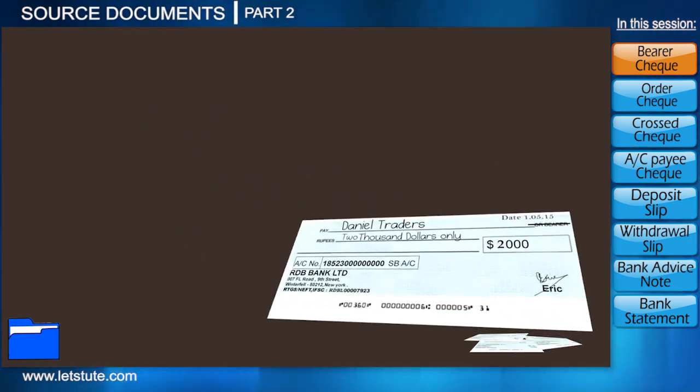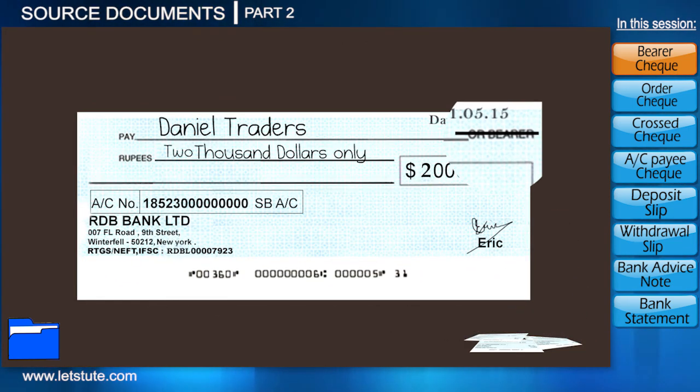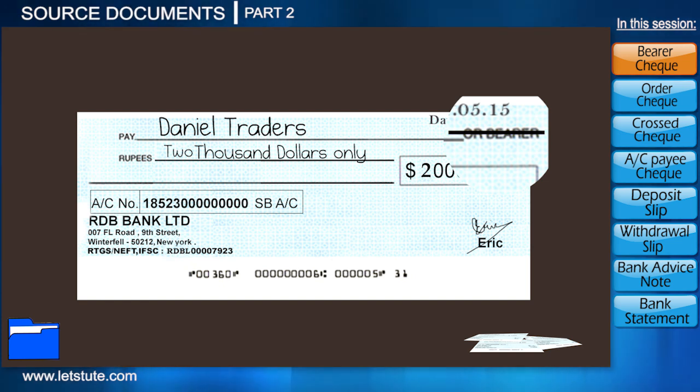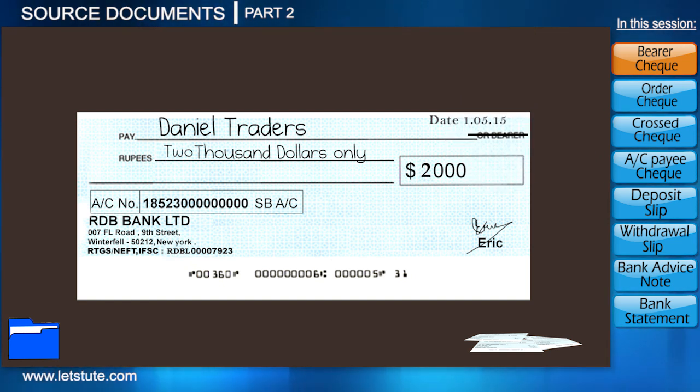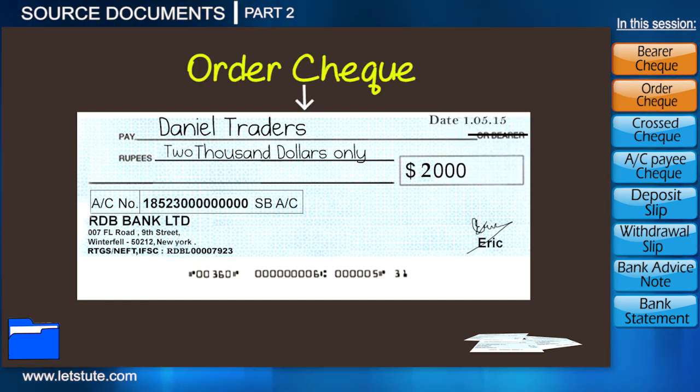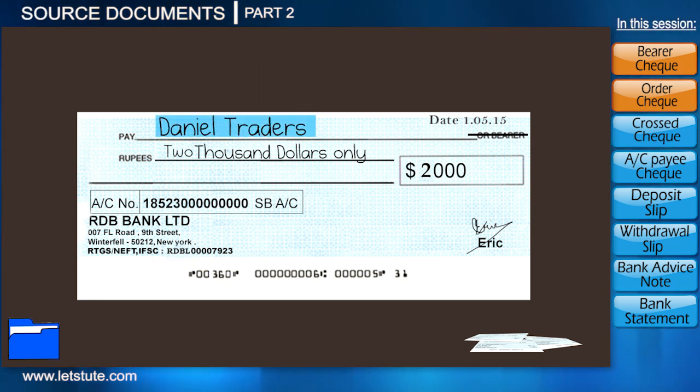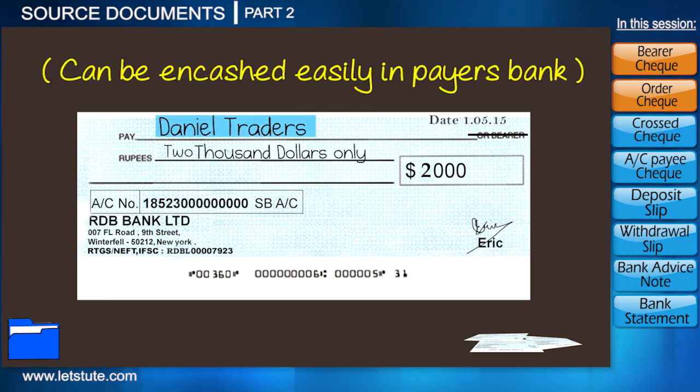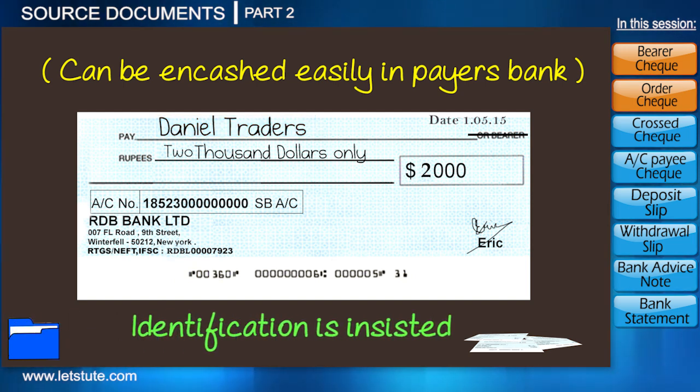Now this other check here has the words or bearer struck off. So then this check is considered as an order check. An order check can be paid to the named payee, that is the receiver, across the bank counter if so presented. If it is an order check, then identification of the presenter must be insisted on by the bank.